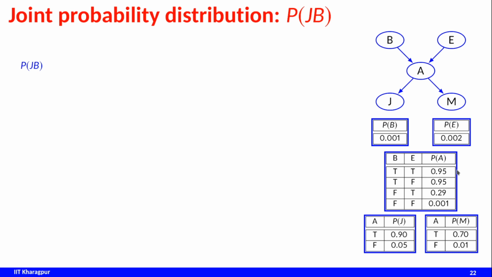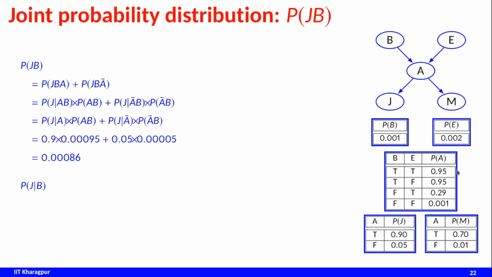If I try to find out JB, then definitely I need to introduce A. It will be the probability of JBA and the probability of JB not A. Now in order to determine this, I just expand using the normal rule, like P of JBA, probability of J given AB, probability of AB, similarly the other one as well.